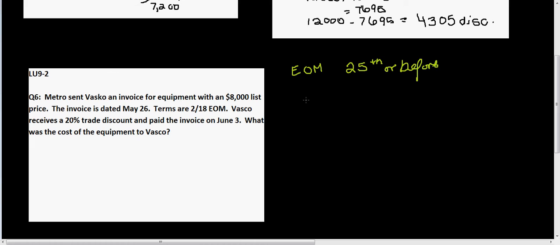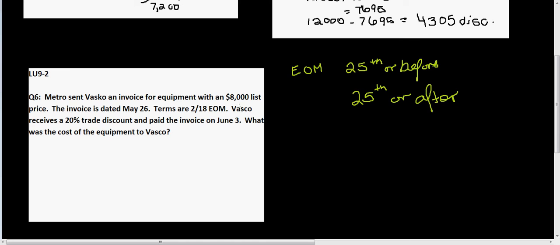However, in our case, it's May 26th, which is after. Another set of rules, if it's the 25th or after. In that case, you're going to get an extra month allowance.